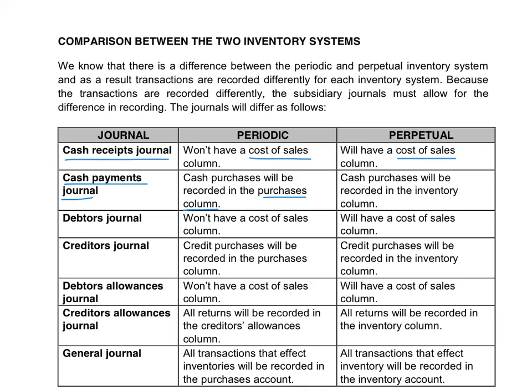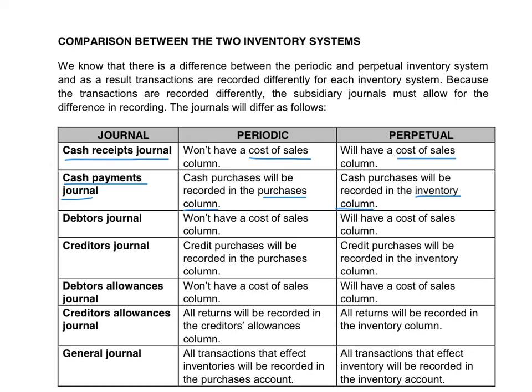In the perpetual system, you will have a column for inventory, because every time goods are bought or sold, an entry will be recorded in the inventory account to determine how much inventory is left over in the business.